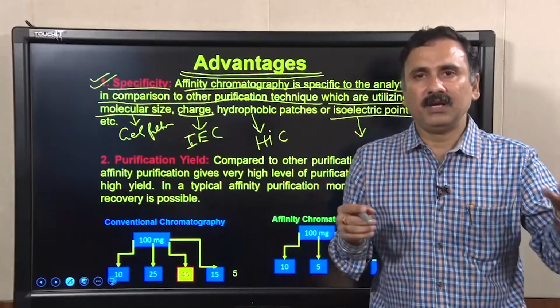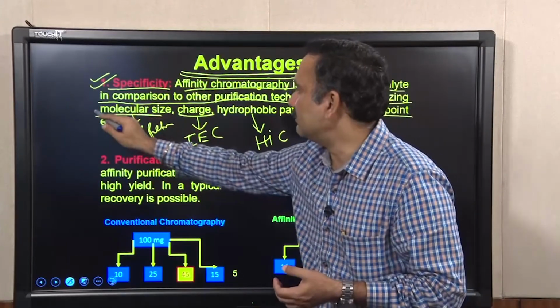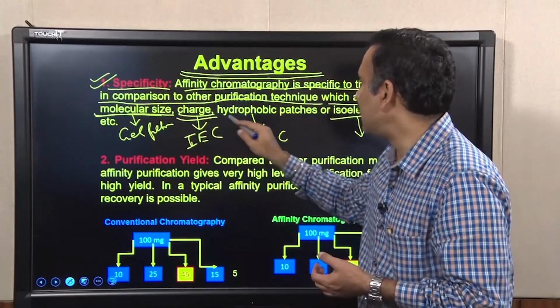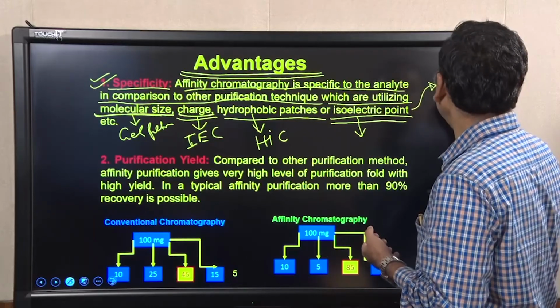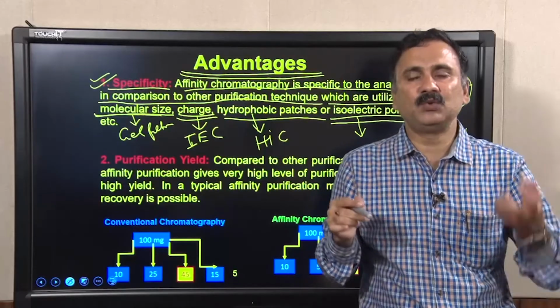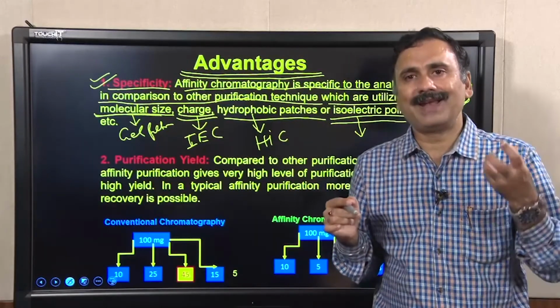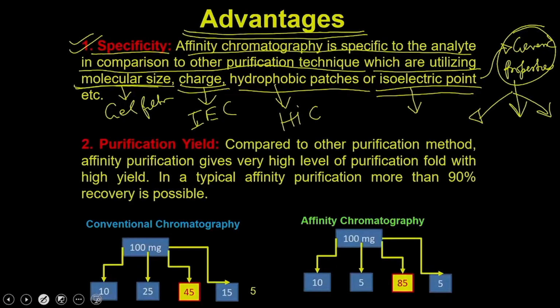But all these parameters are generic properties, which means many proteins might have them, so they are not going to provide you the specificity to isolate the particular analyte from a crude mixture.